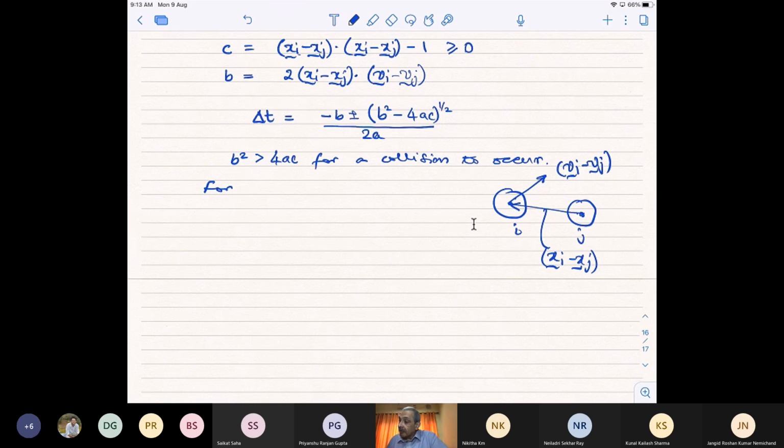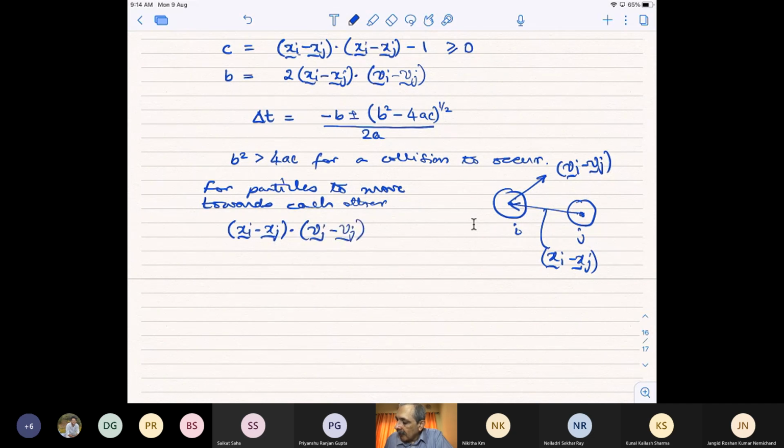If you want the distance between the particles to decrease, which is another way of saying we want particles to move towards each other, then the condition is that the dot product xi minus xj dotted with vi minus vj should be less than 0.